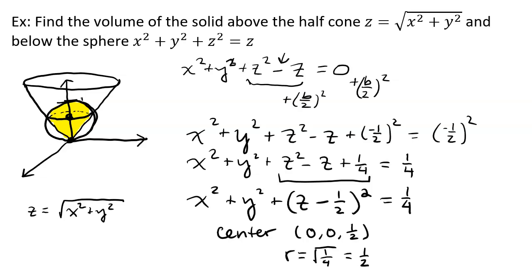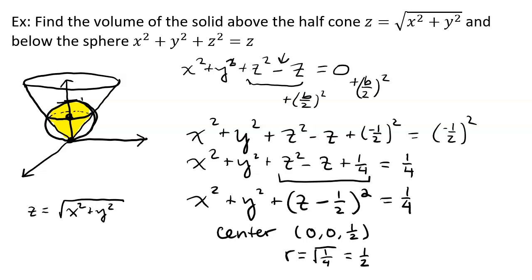So we have to decide how we want to go about solving for this volume. One of the things I'm going to point out is that both of these equations are very related to spherical coordinates.